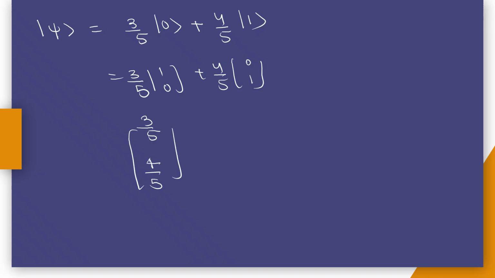These are the probability amplitudes alpha and beta. For the normalization condition, 3 square by 5 square is 9 by 25 and 4 square is 16 by 25, which adds up to 25 by 25, which is 1. So in this way, whatever the qubits, they can be represented as column vectors.